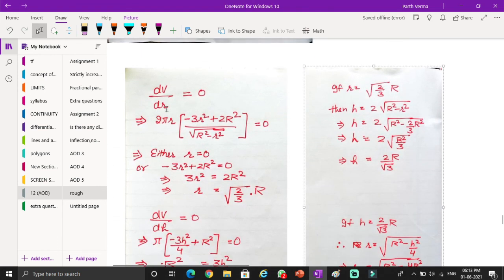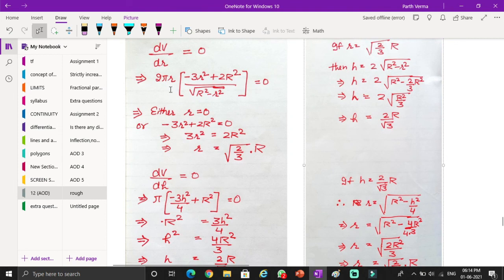So here I'm equating the derivative of the function in r equal to 0, and that gave me the radius. This means when the radius of the cylinder is this much times the radius of the sphere, at that moment the cylinder is going to be of maximum volume.